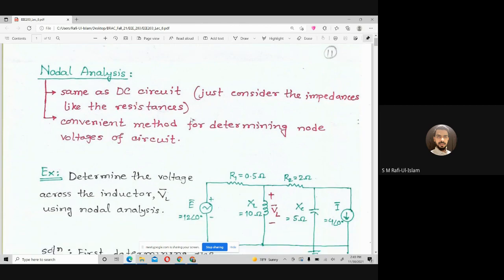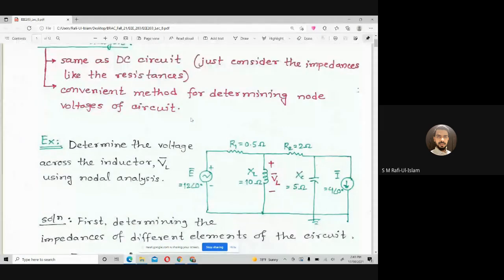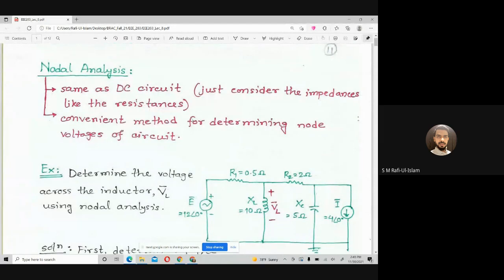So today I will give you some hints, since all the questions have been solved here. I will give you the hint how to do some things. Most of the theorems we will be studying in AC circuits are the same as in DC circuits. The only difference is we'll be replacing all the resistance values with impedance.